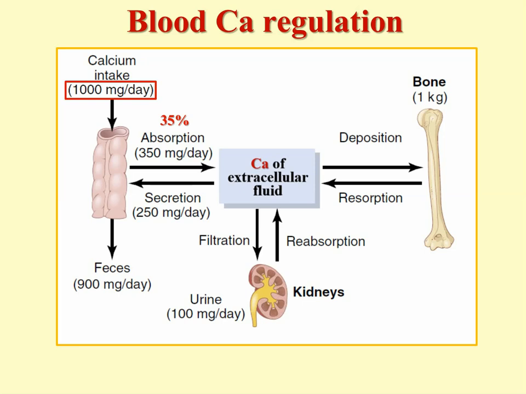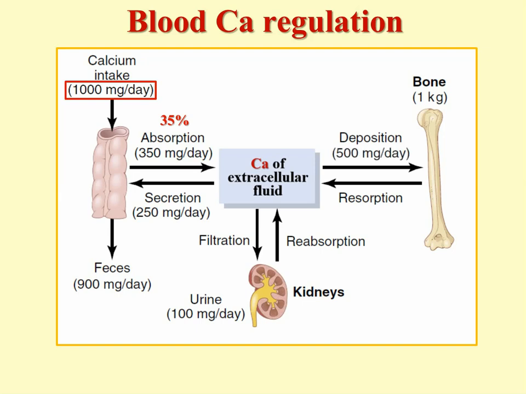From histology, you may remember that there are osteoblasts that constantly form bone tissue, while osteoclasts constantly produce the resorption processes, which results in release of calcium from bone into the extracellular fluid. Normally these processes are balanced, but it's a constant process of bone remodeling. To make a normal balance, deposition and resorption should be equal.